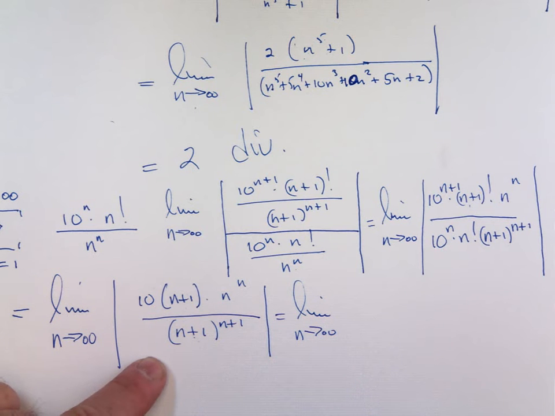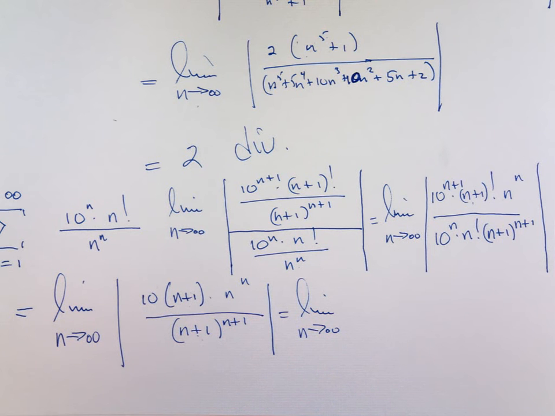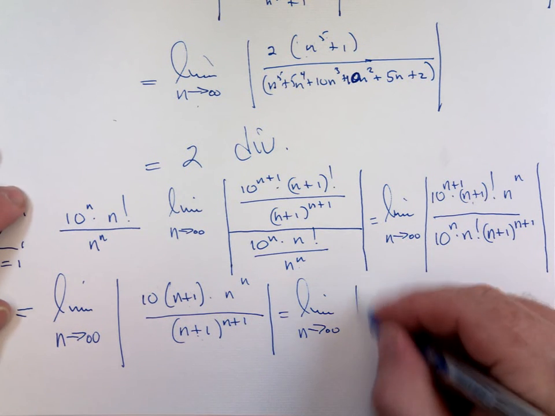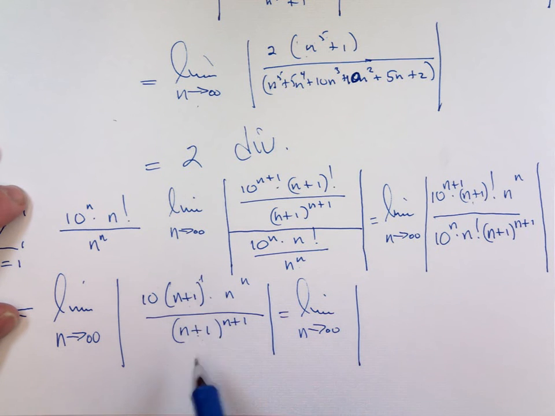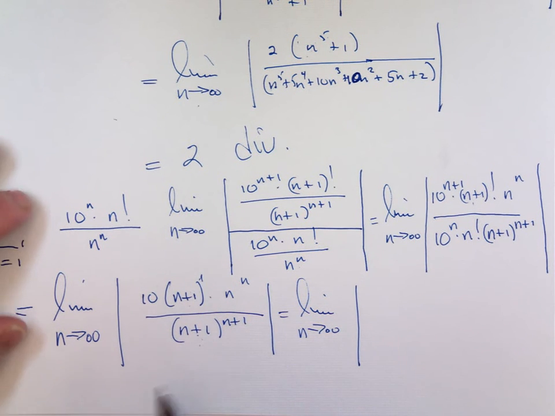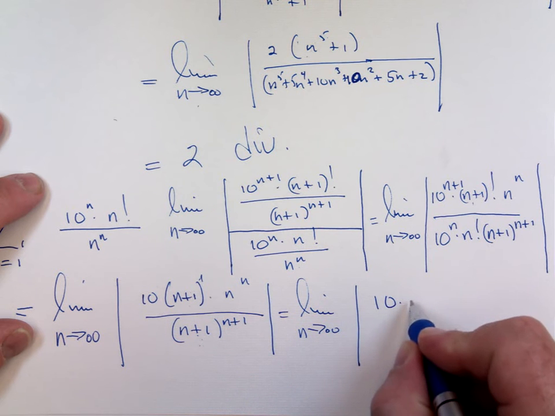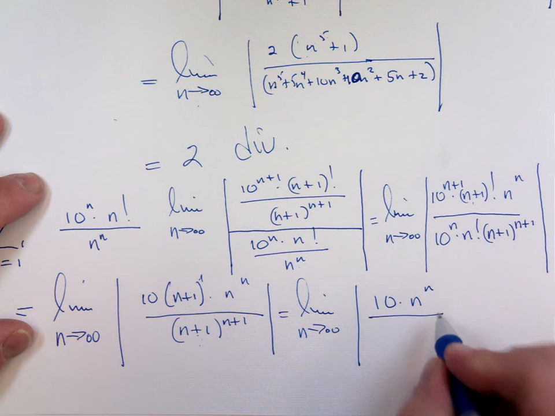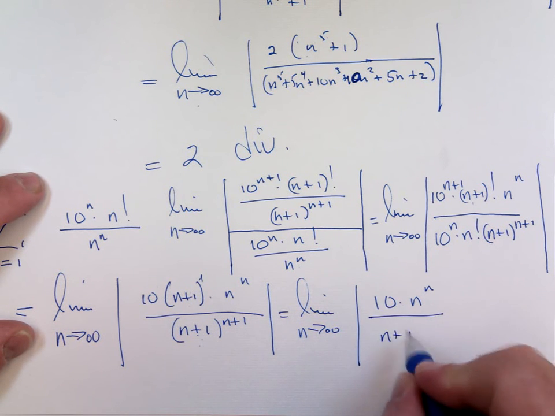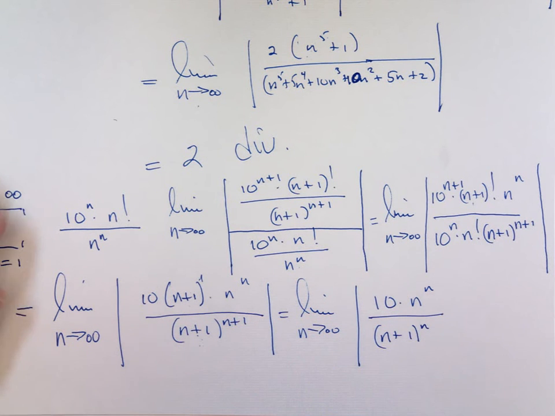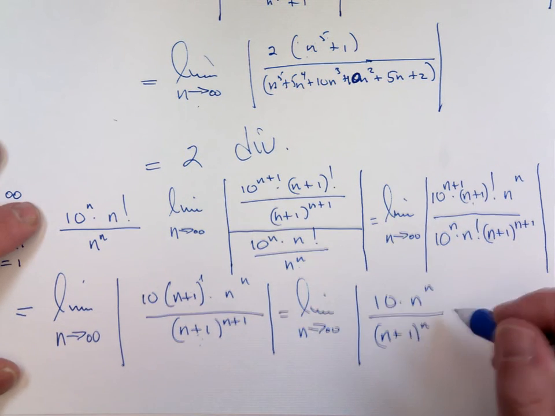Perfect. Nicely done. Because this is to the first power, we have the same base, so subtract the exponents. So now we have a 10 n to the n over n plus 1 to the n. But they're the same exponent, so we can rewrite this.